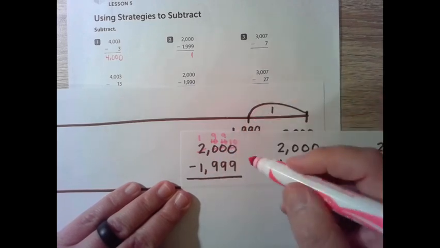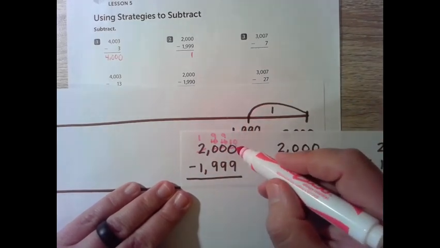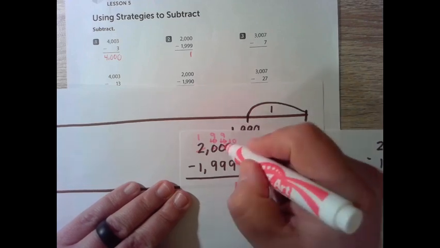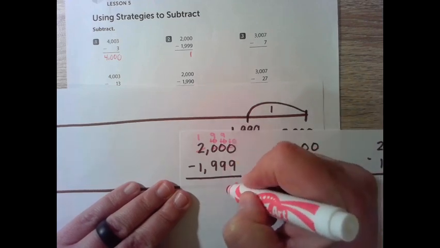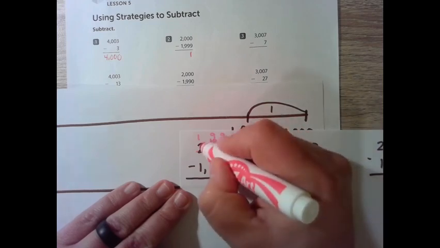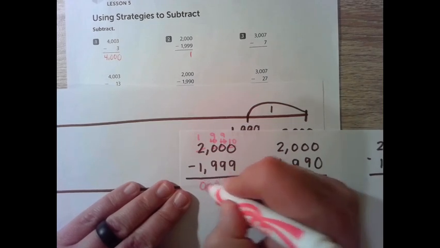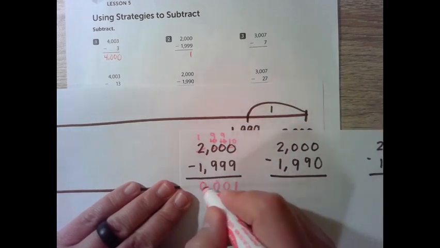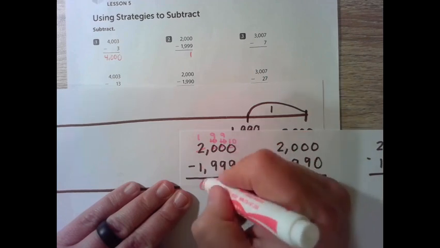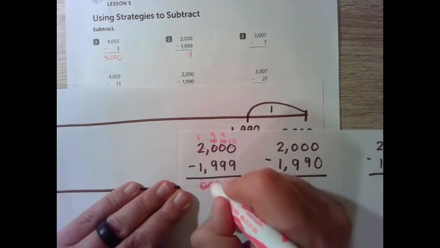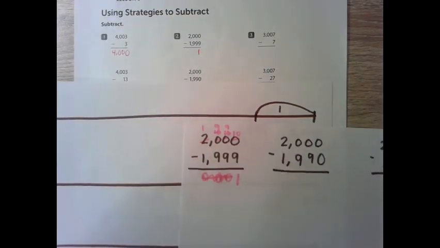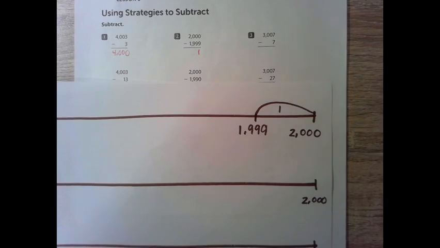So now you can start subtracting. 10 take away 9 is 1. 9 take away 9 is 0. And 1,000 take away 1,000 is 0. You really don't traditionally write numbers this way, but I was just showing you 9 take away 9 is 0, 9 take away 9 is 0, 1 take away 1 is 0. So you're left with 1. Again, just showing you a couple different ways to do that.